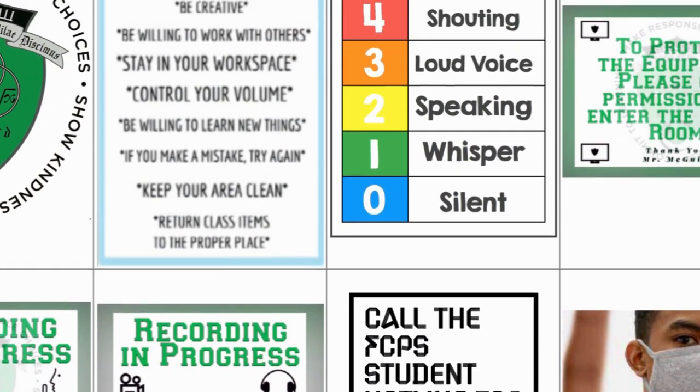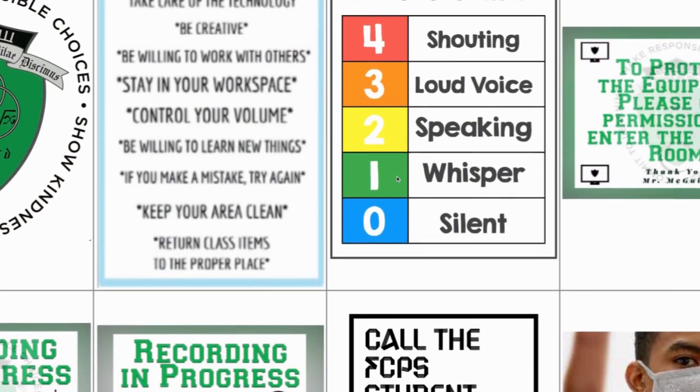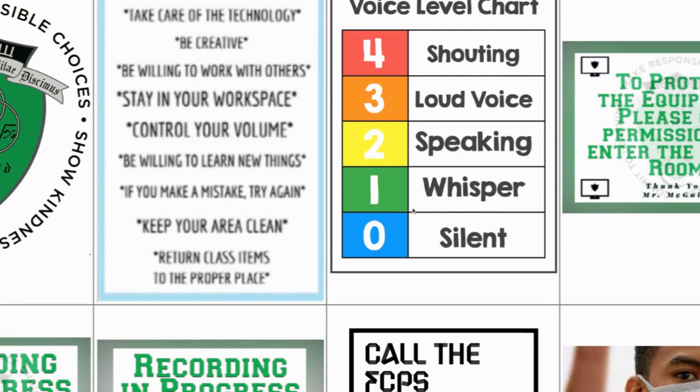All right. Also, I want you to put in your notes right here where it says 1 is a whisper. So you're going to basically say voice level 1 is the primary voice level in media arts.